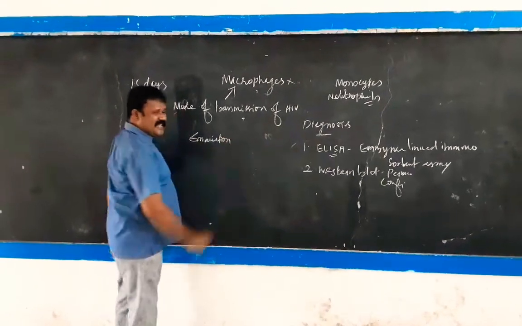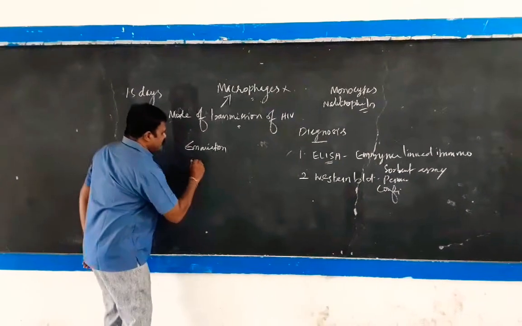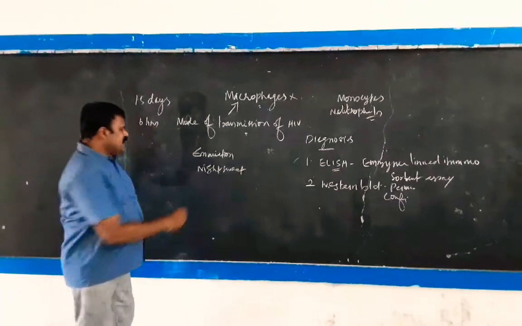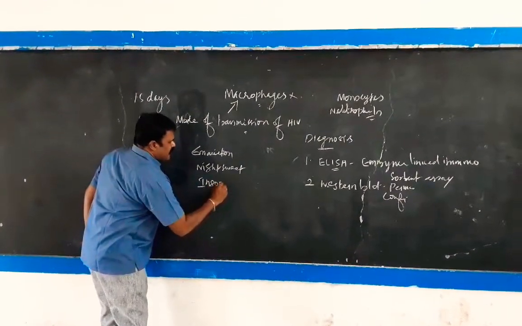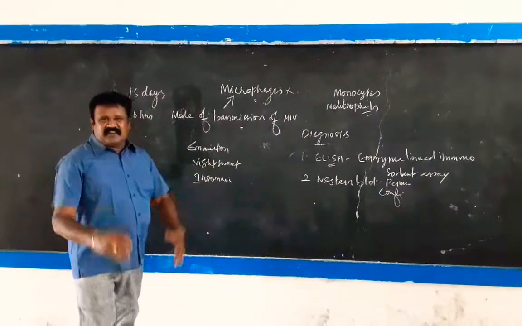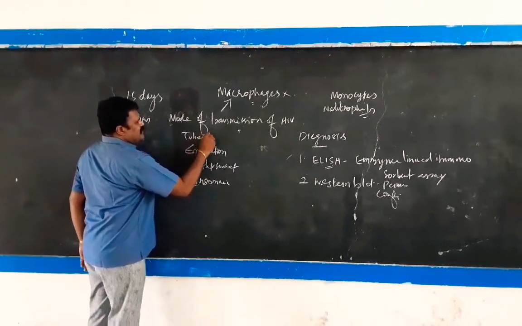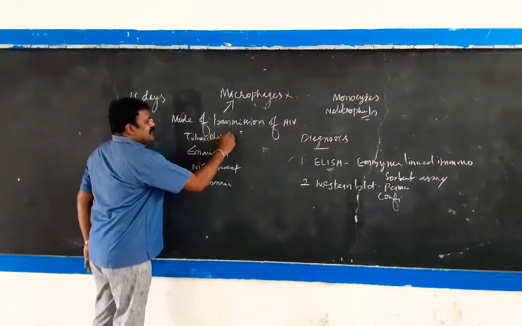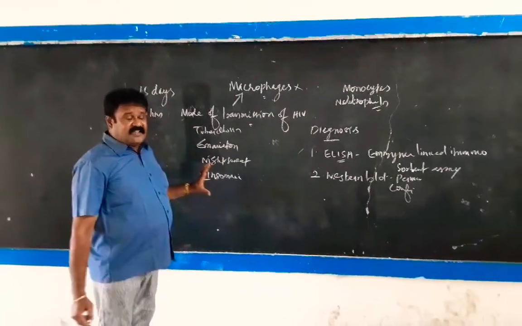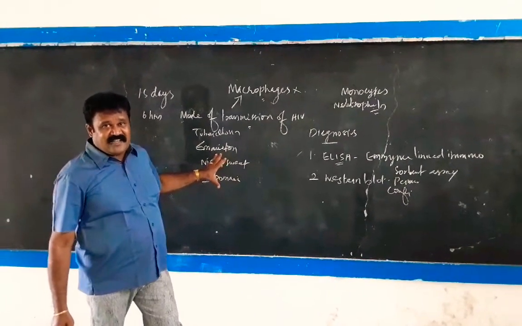The thinning of the body, sudden weight loss by 10%, night sweats, continued cough, insomnia, sleepless nights, candidiasis, tuberculosis. There are more than 10 symptoms for AIDS. In your lower class itself, you might have studied the dangerous symptoms. All the possible symptoms will be shown by the AIDS patient, right?